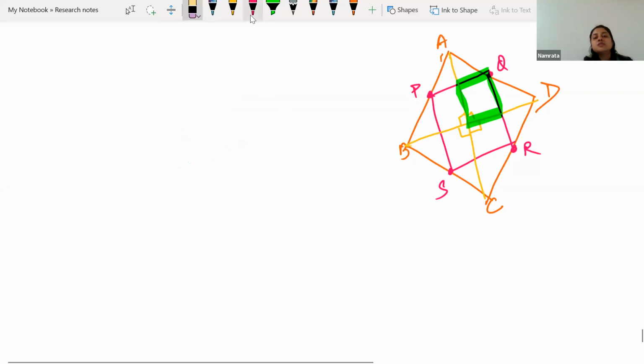Earlier it was parallel, so this teeny tiny quadrilateral has both pairs of opposite sides parallel, and we already know that this angle is 90 degrees. Then this will also be 90 degrees, because opposite angles of a parallelogram are equal.